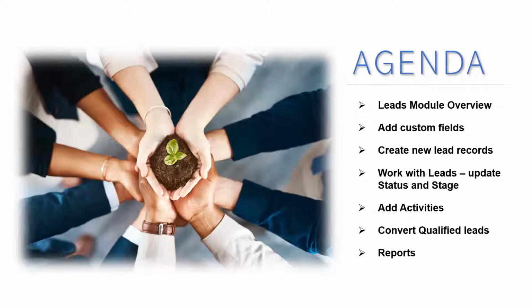Then once we get some records in there, we'll just work with the leads, adding some activities, updating them, changing the status, changing the stage. Again, the way you would do just to keep yourself organized and know what you're doing with your different leads. Also adding activities.